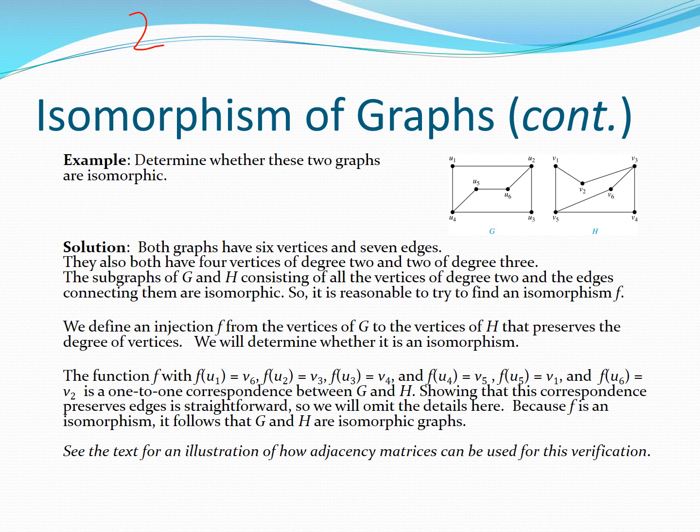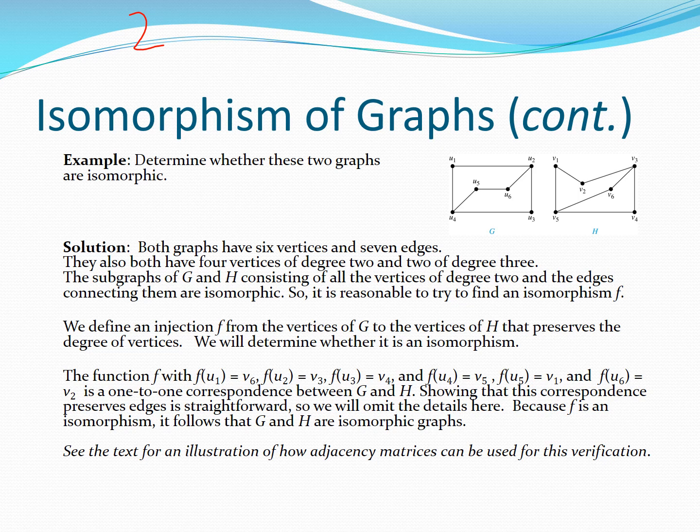So what do we notice here? Both graph G and H have 6 vertices. Both graph G and H have 7 edges. That is the first thing that you need to check when you want to find an isomorphism between two graphs, which checks out in this case.